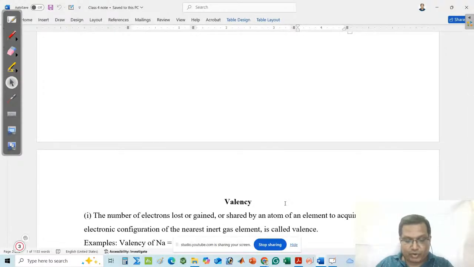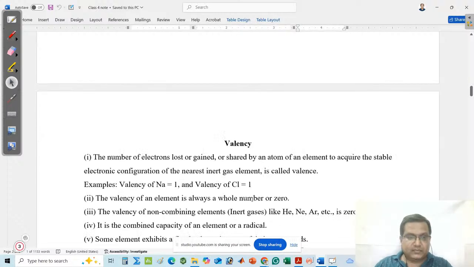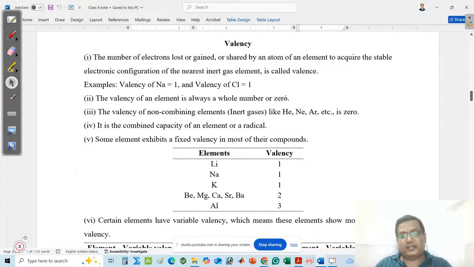Next, we move to the valency. Valency means here we can think about Jojyata. What is valency? I will explain. Look at that. Here you can remember stable electronic configuration.